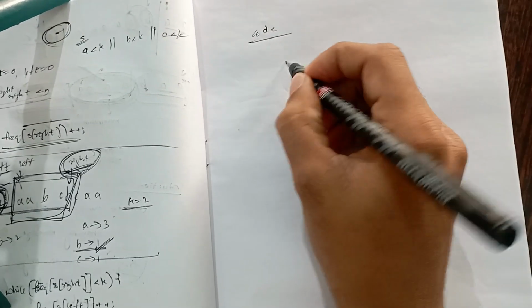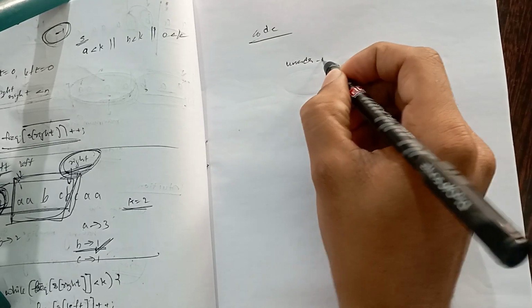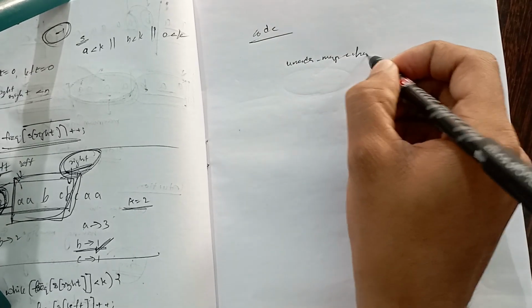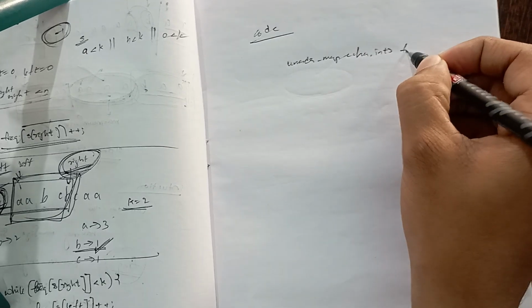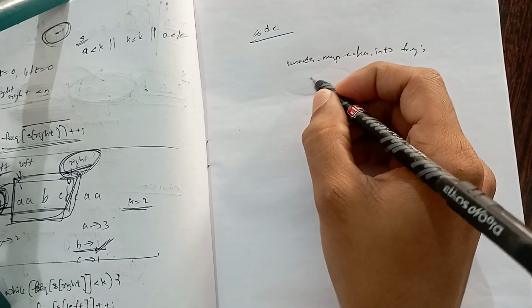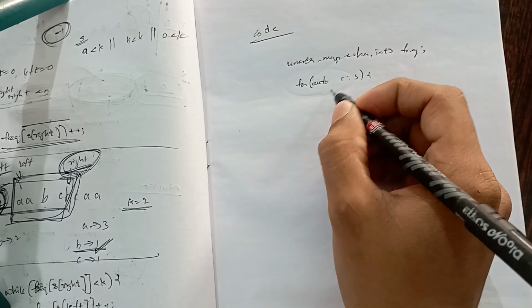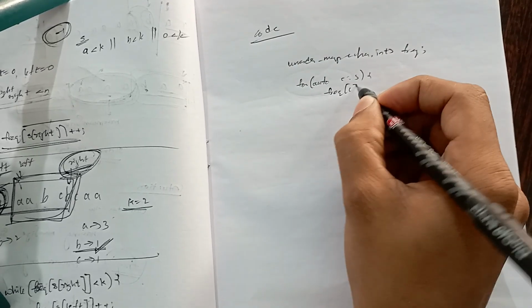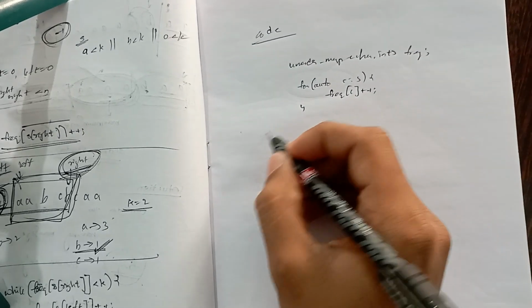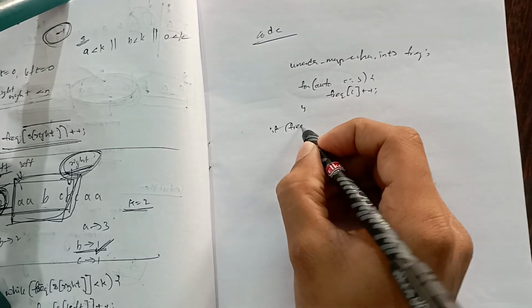The code goes like this. Unordered map of character, int, frequency. For each character, increment the character count in the frequency.